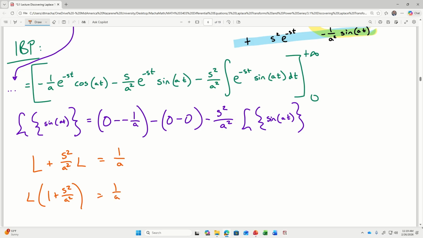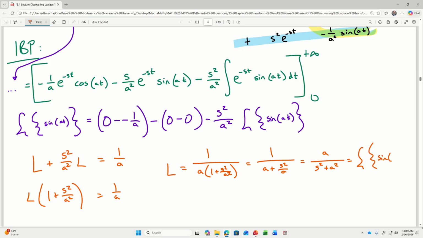Divide both sides by 1 plus s squared over a squared. I'm going to distribute that a, and then multiply the top and bottom by a. And we get this. This is the Laplace transform we're looking for. This is the Laplace transform of sine of a times t.